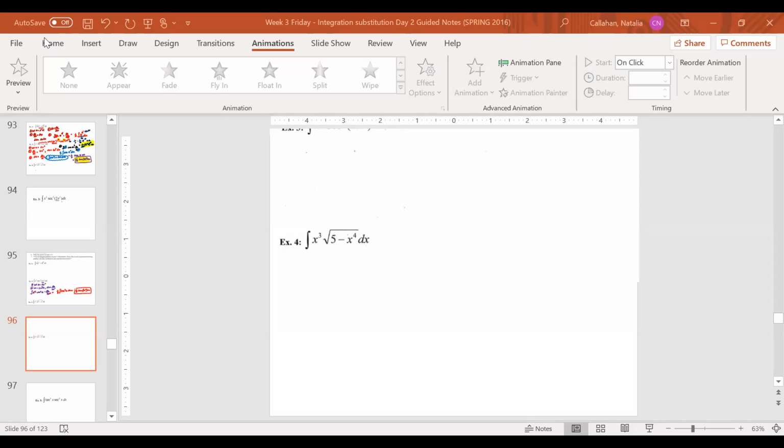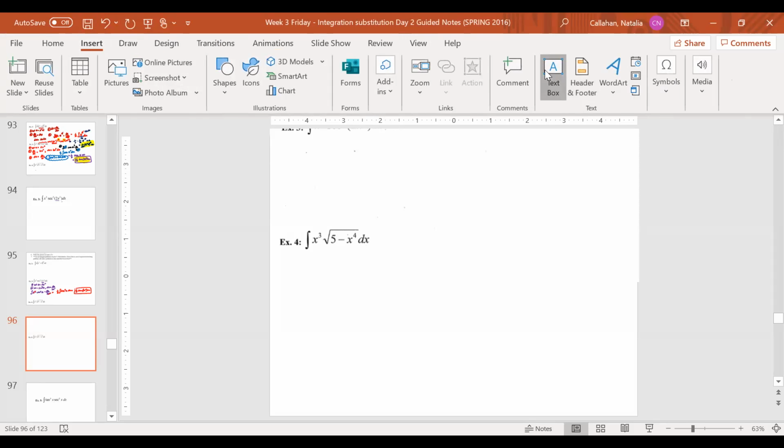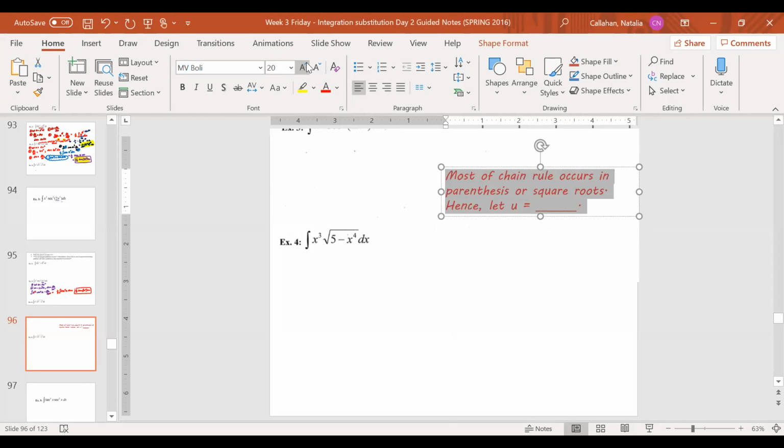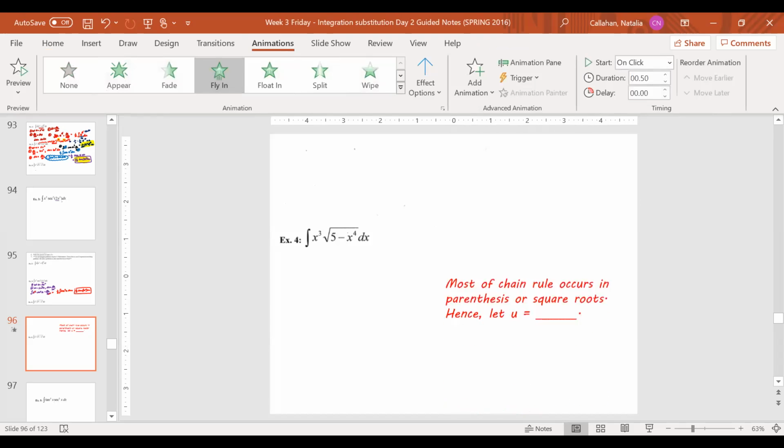I'm just going to put a disclaimer: most of chain rule occurs in parentheses or square roots. Hence, let u equal whatever is in parentheses or square root. All right, let's give that a try.